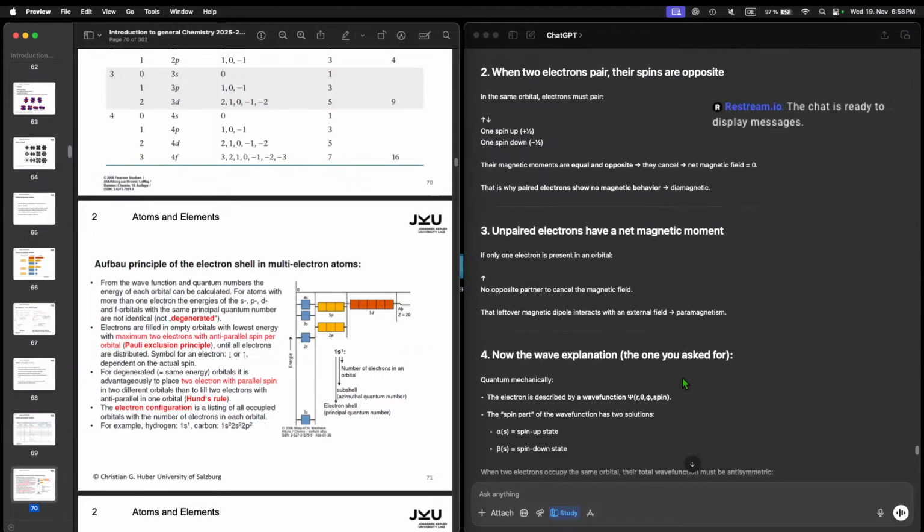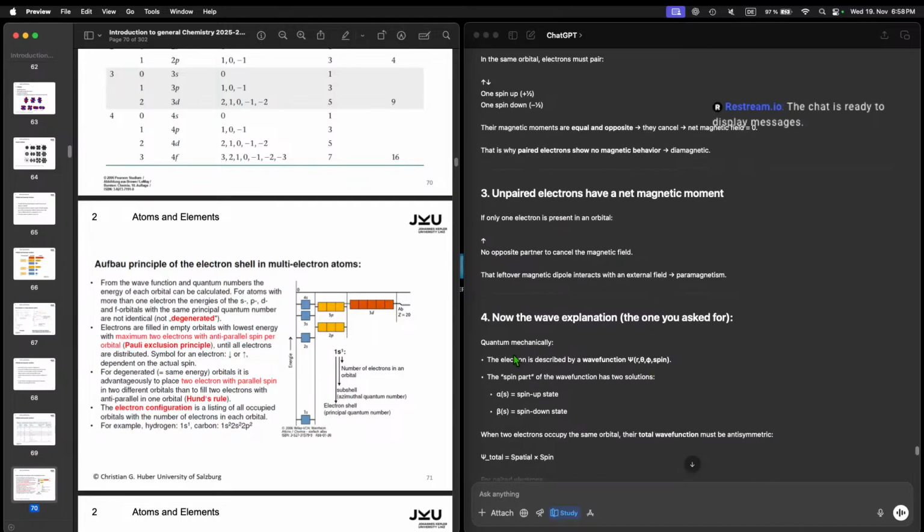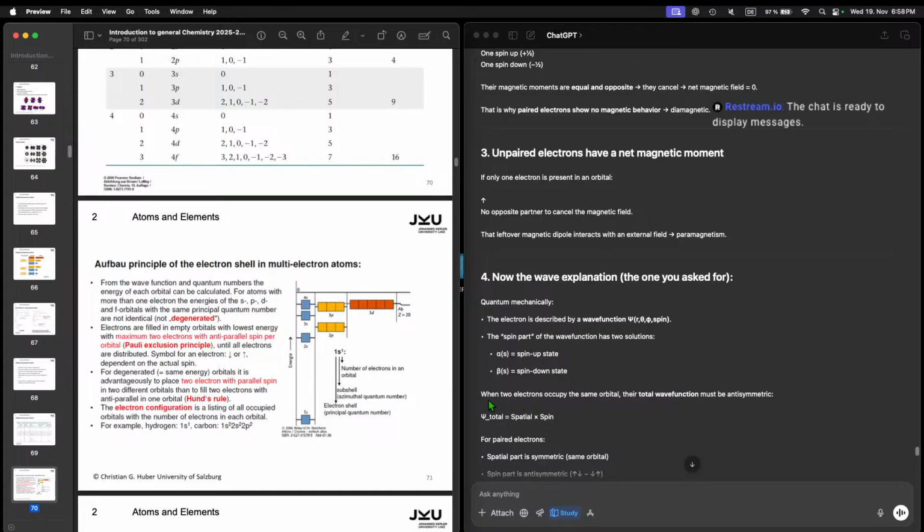Now the wave explanation, the one you asked for. Quantum mechanically, the electron is described by a wave function. The spin part of the wave function has two solutions: spin up state and spin down state. When two electrons occupy the same orbital, their total wave function must be antisymmetric.